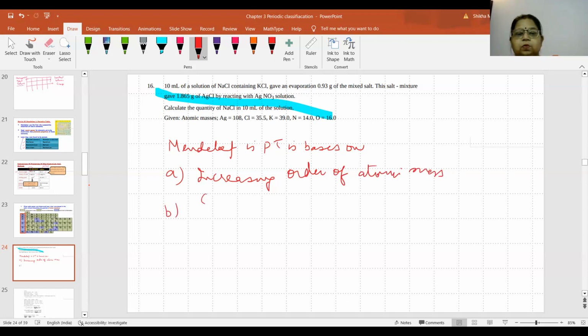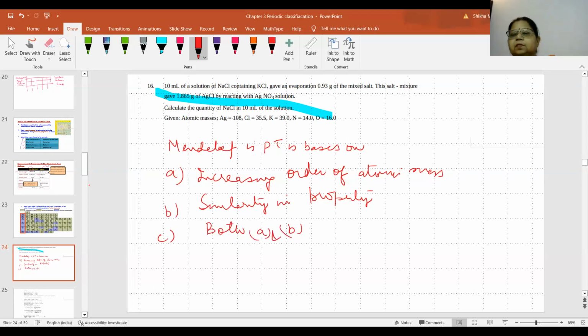Number 2, similarity in property. Number 3, both A and B. Right? I'm looking for the correct answer.